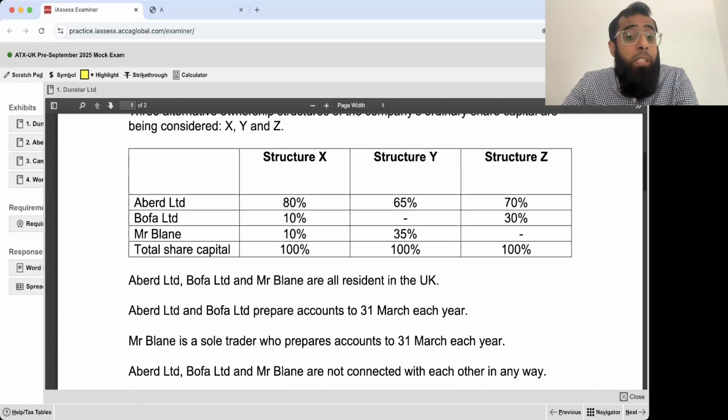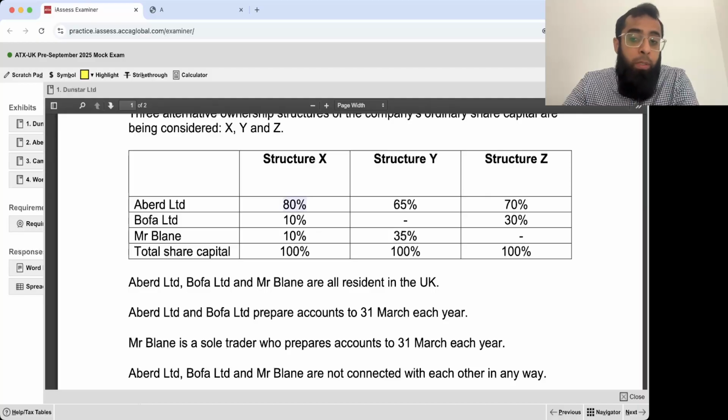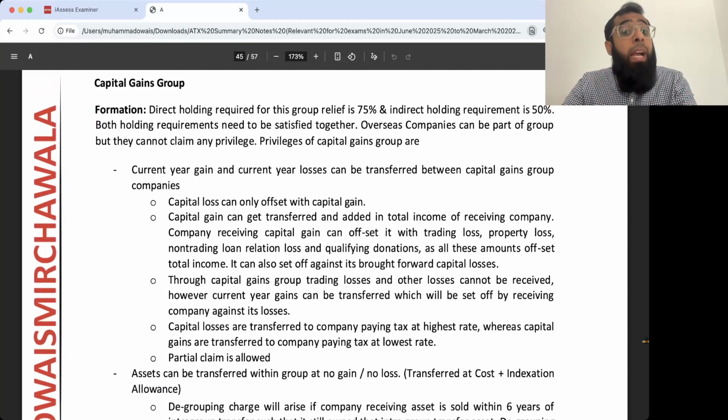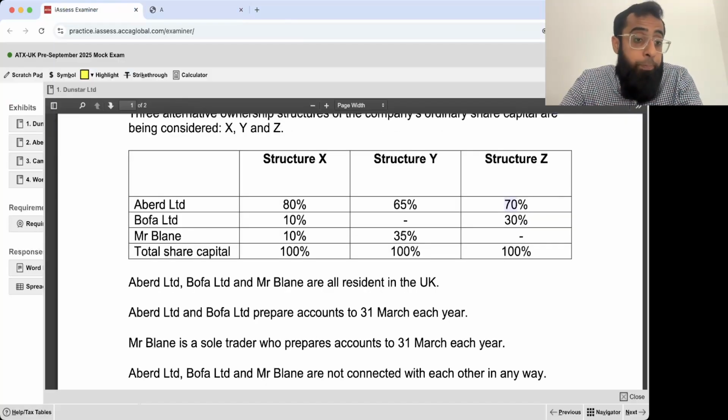In other structures, the capital gains group cannot be formed. At 65% or 70%, the direct ownership requirement is not satisfied. For a capital gains group, you need direct ownership of 75%. First, direct needs to be satisfied, and indirect. It's not or, it's and. So first you need to look at the direct ownership.